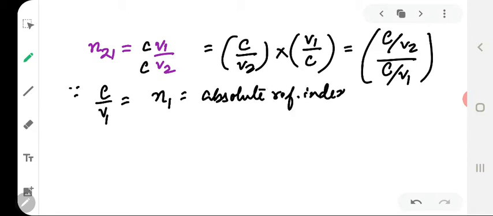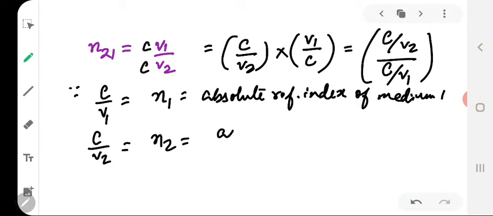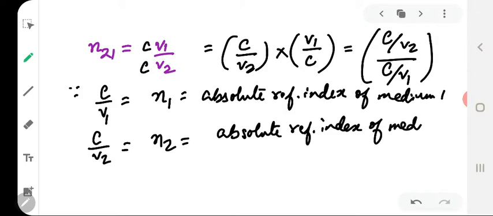that is the absolute refractive index of medium 1, and c by v2 is equal to n2, that is the absolute refractive index of medium 2.